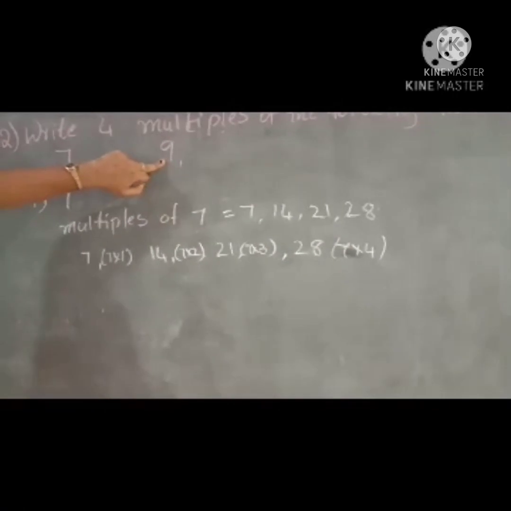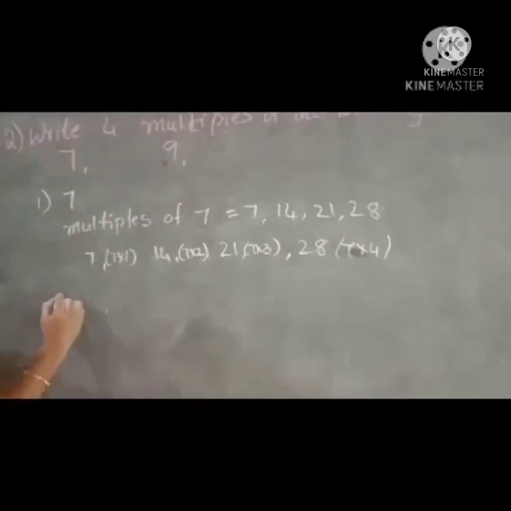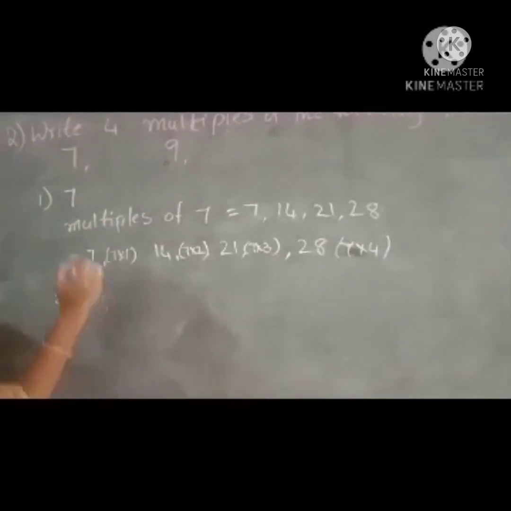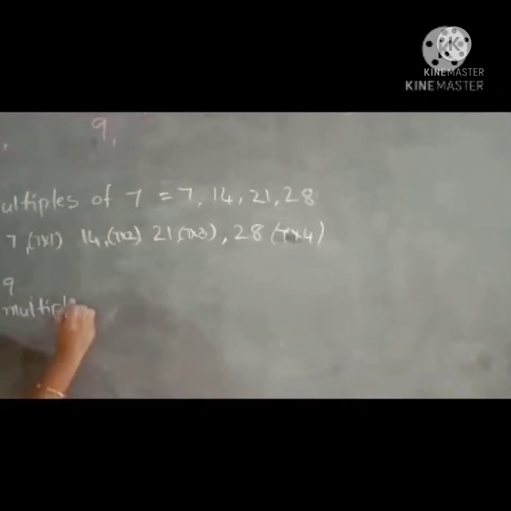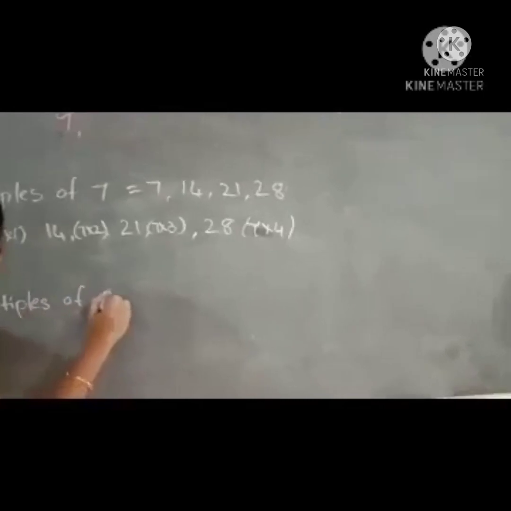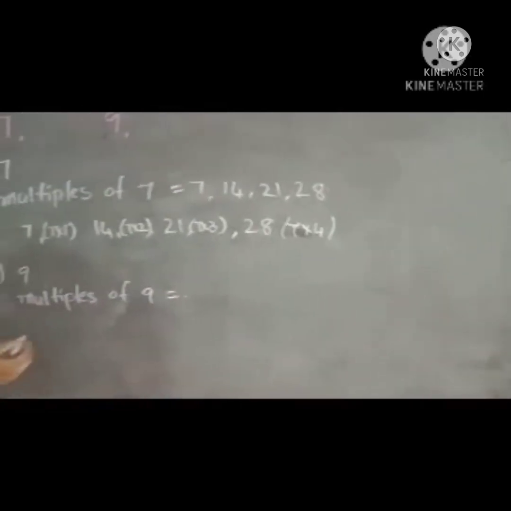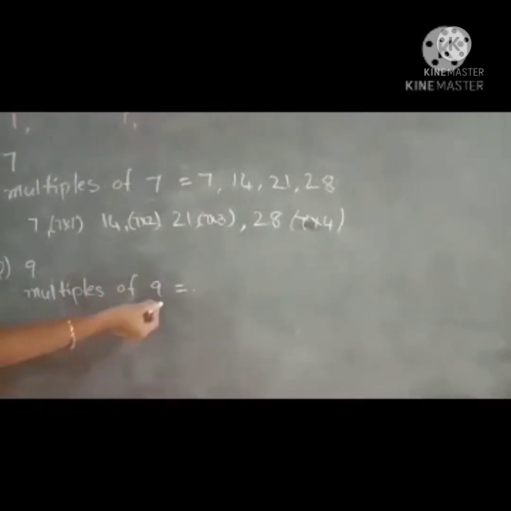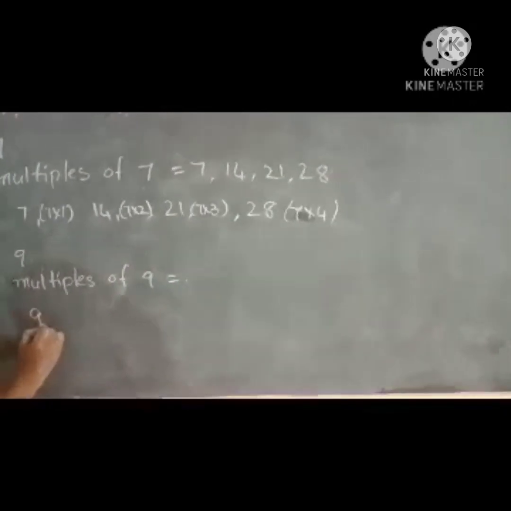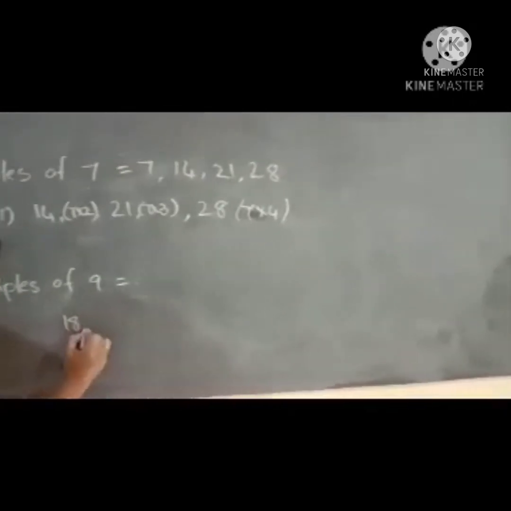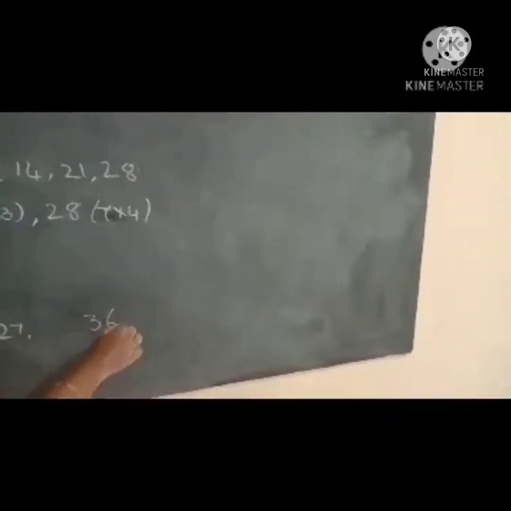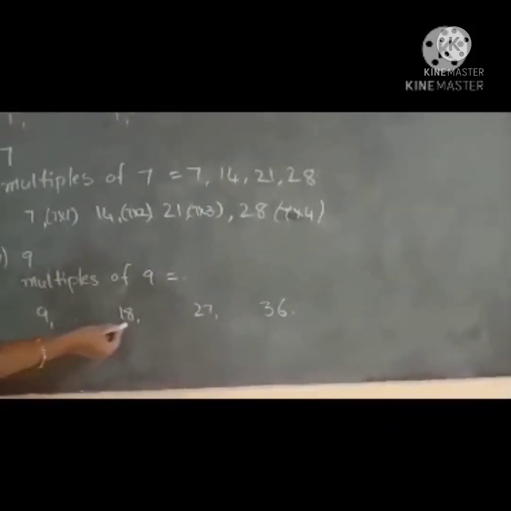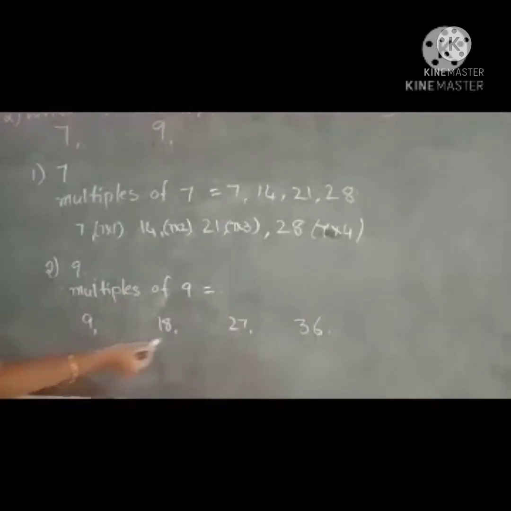Next see, what is the next question? 9. Next one is 9. Next see here, multiples of 9 equals to. What I told? Just write the 9 table now. Yes, right. 9, 18, 27 and 36. How many multiples? Only 4 now. That's why I am writing only 4 here.